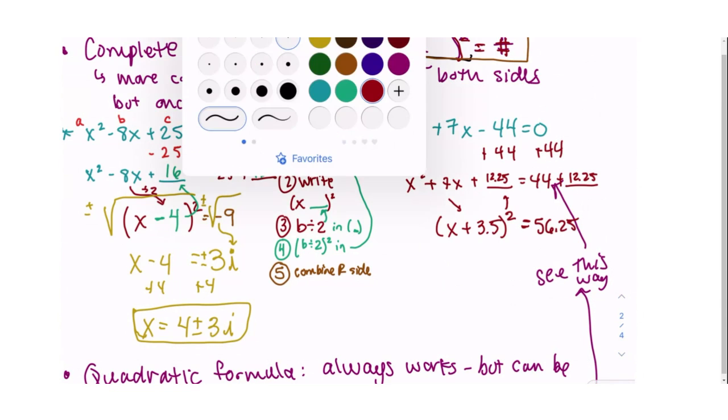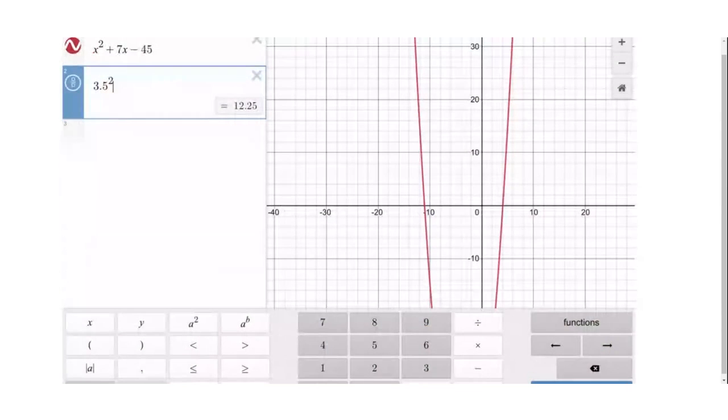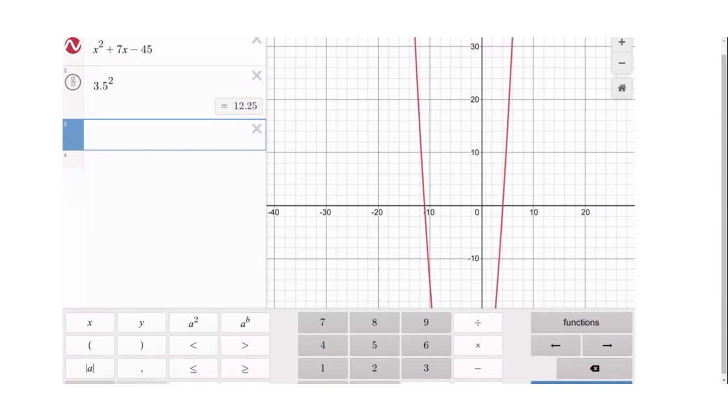And then we're going to square root both sides. So I'm going to change color now, even though I've done a bunch of steps in the same thing. Square root, square root. So x plus 3.5 equals the positive or negative square root of 56.25. Good thing we have a calculator, because I can go over here and do the square root of 56.25.